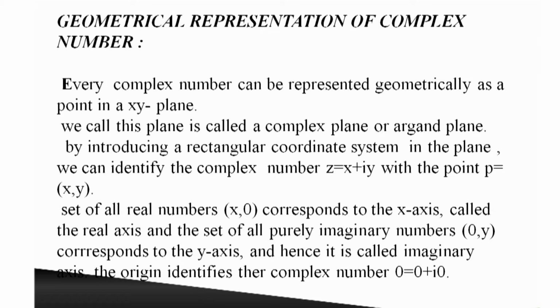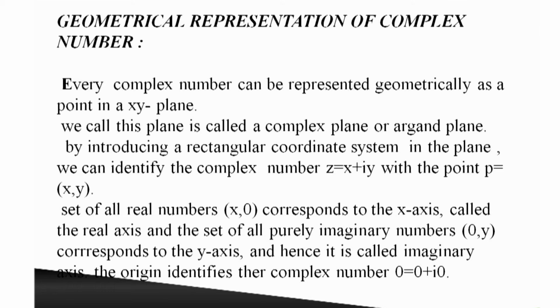Similarly, minus 1 minus 3i lies in the third quadrant, and as an ordered pair of numbers it is minus 1 comma minus 3. Or root 3 plus i is equal to root 3 comma coefficient of i is 1, so we can write root 3 plus i is equal to root 3 comma 1.